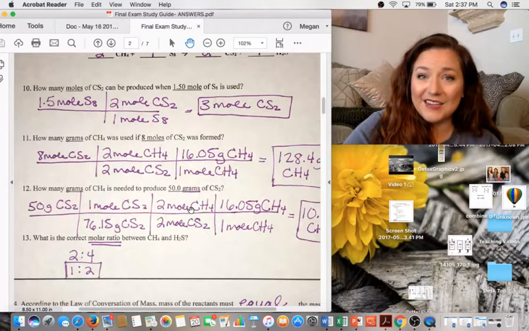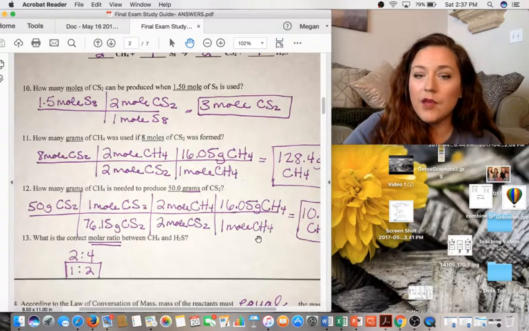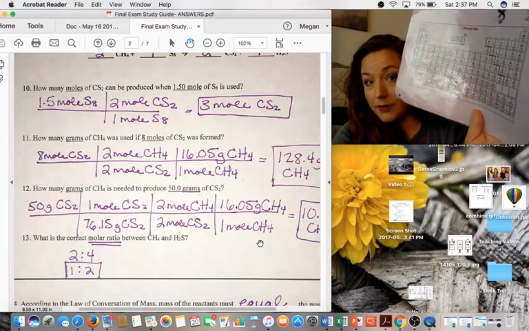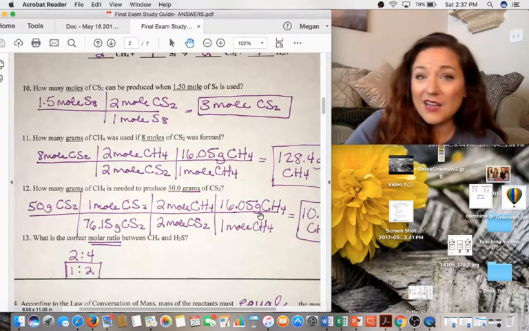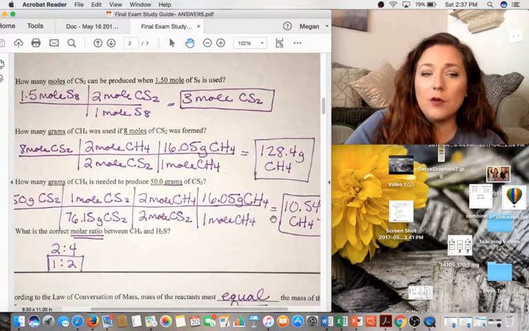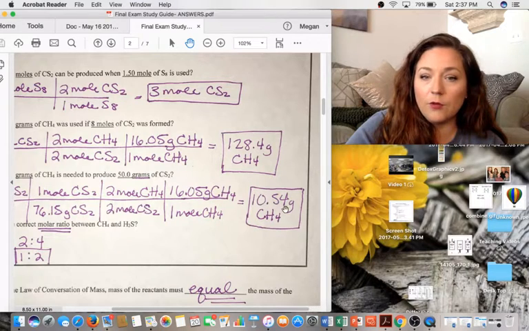So I know that 1 mole of CH4, my pure substance, will equal the number I find on the periodic table. When I add up all the AMUs for CH4, I get 16.05 grams. I multiply across, and I also multiply the bottom before I divide, and I get 10.54 grams of CH4.